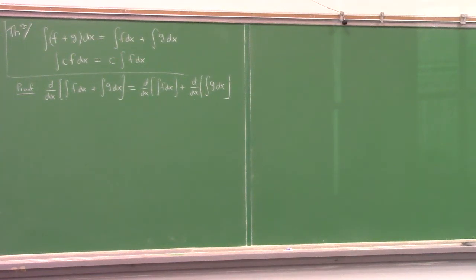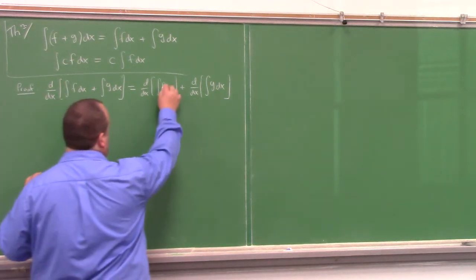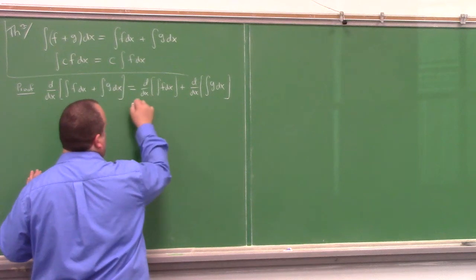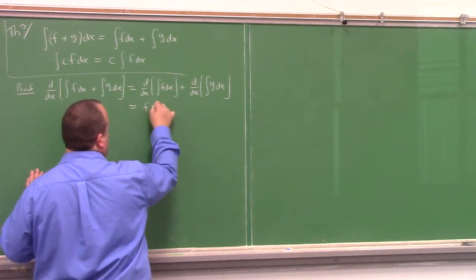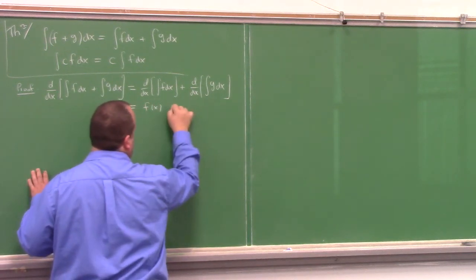But what is the derivative of the integral of f of x? If you go back to the definition, you'll see that if you differentiate the integral, you get the derivative of the antiderivative, which is the function again. So by definition, this is straight up f of x. And that is straight up g of x.